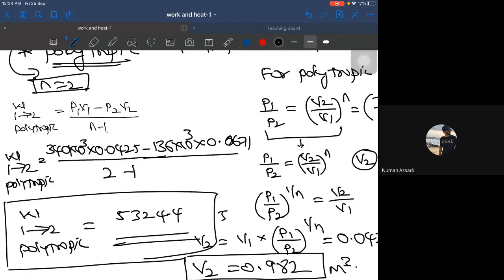Everyone got the same answer? Amit Lahari, Amit Sangolli, both of you, you got the same answer? Yes, sir. Same answer. How much? 5324. Okay, so this is how you solve the problems on different processes.